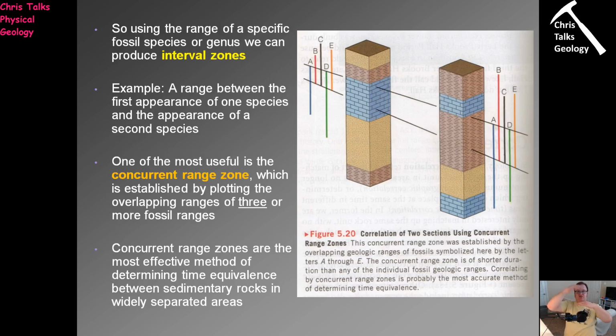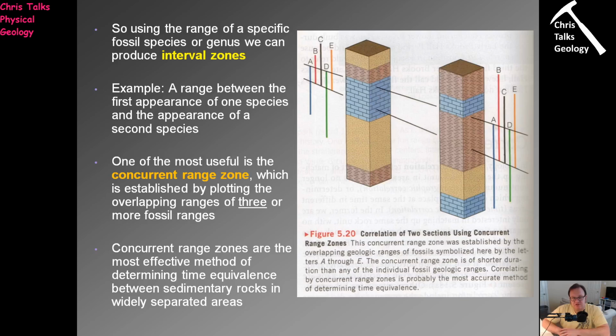In between the two, that's our interval zone. By doing this, we've essentially arbitrarily split the rock up, haven't we? Between here and here, this is our interval zone. And so we can use these interval zones to split up the rock record.